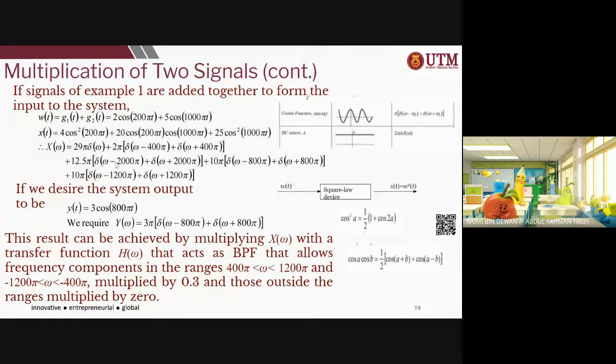So if you can see the signal X(omega) here, this one is x(t) in the time domain, and this one is X in the omega domain. If they want the signal in low frequency, then what should you do? Should you introduce a low pass filter or a high pass filter?